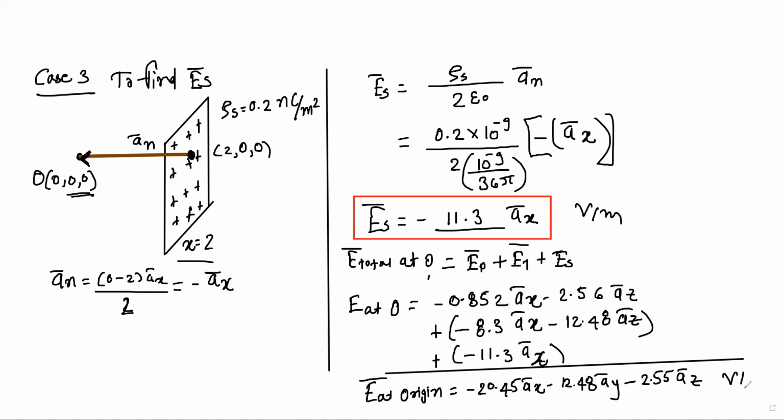Unit is volts per meter. If you could do this, 8 marks are fixed.